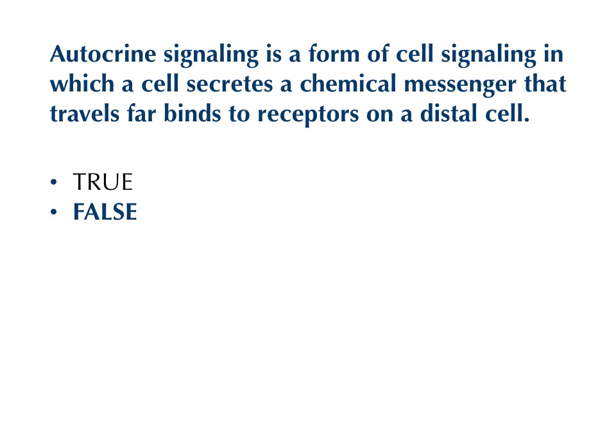Okay, so this is local control. A regular hormone that acts on receptors in a distal cell is not going to be a local hormone, such as autocrine or paracrine hormones.